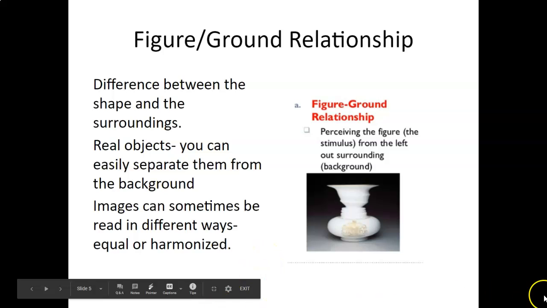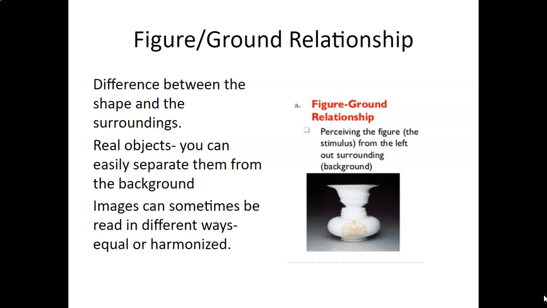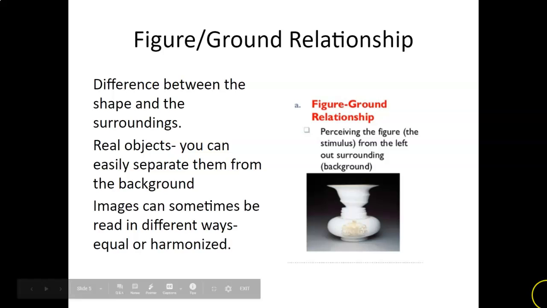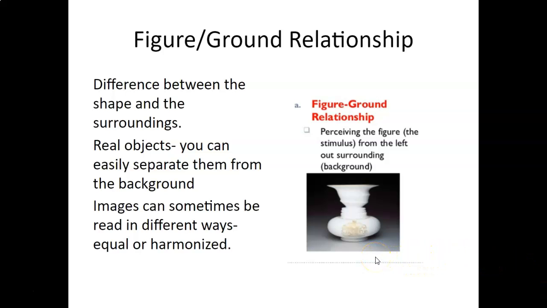Figure-ground relationship is the difference between shape and the surroundings. If it is a real 3-dimensional object, you can easily separate that from the background, but sometimes images can be read in different ways, as equal or harmonized. Looking at this, you're probably seeing the 3-dimensional object first, which is kind of a vase.